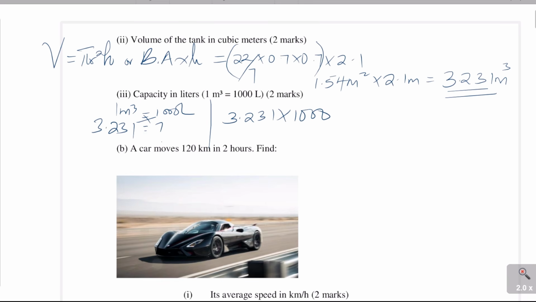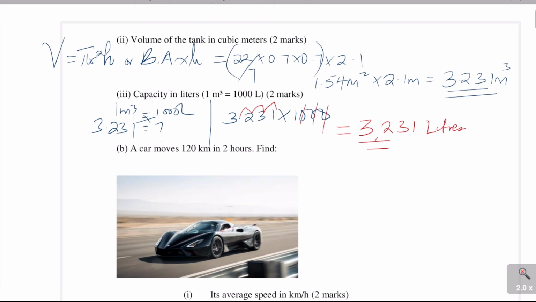You simply move the decimal point forward 3 steps and cancel the zeros. And this will give 3,231 liters. So that is how you work out that part.